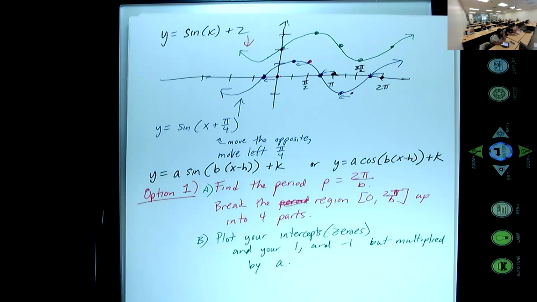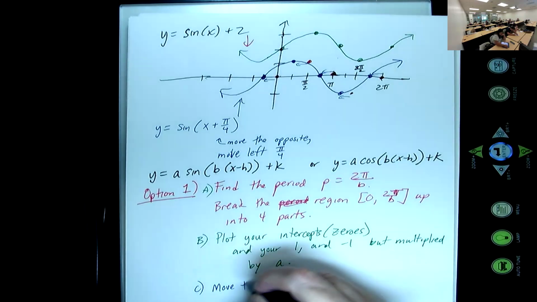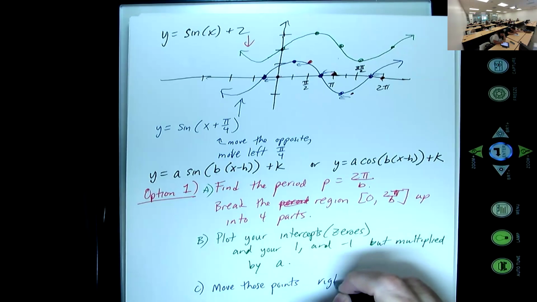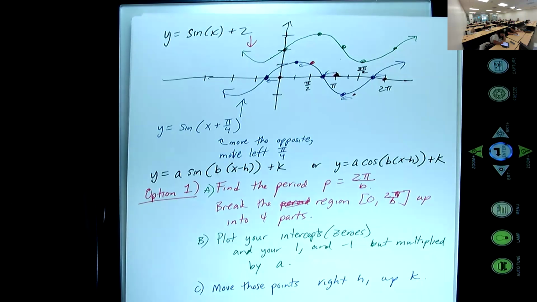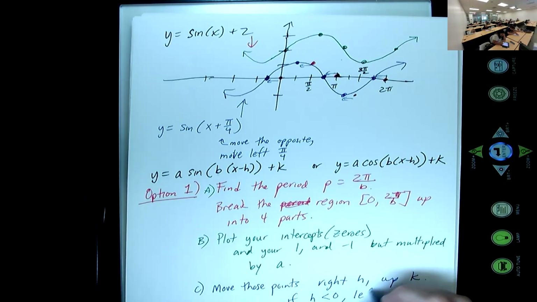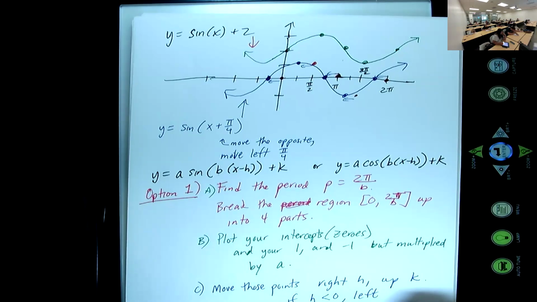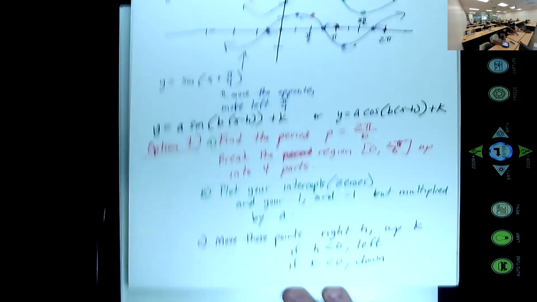At this point, move those points right H, up K, or if H is negative, left, and K is negative, down.